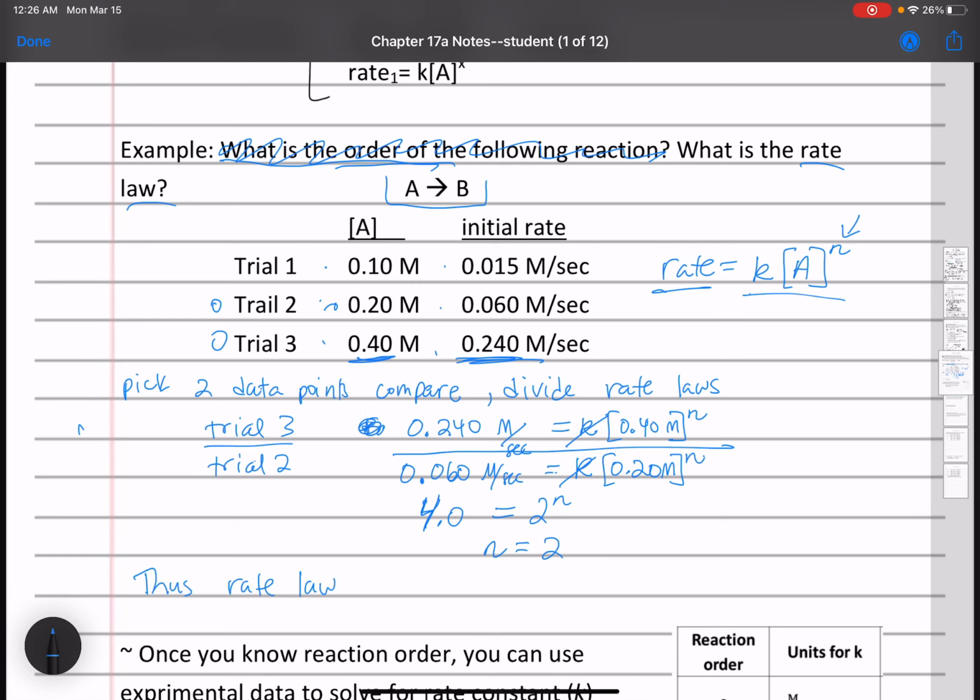So the rate law for this reaction is rate equals K times the concentration of A squared. We solved for that order. In other words, this is a second order reaction because N equals 2.